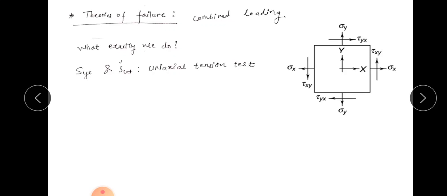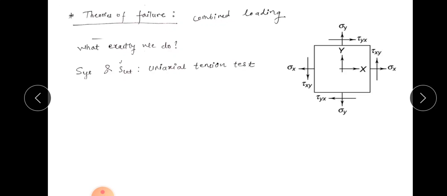From this experimental tension test, we obtain mechanical properties, which include yield strength, SYT, ultimate tensile strength, SUT, and percentage elongation.